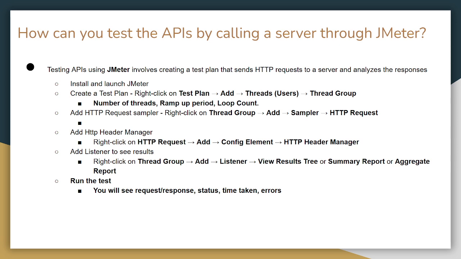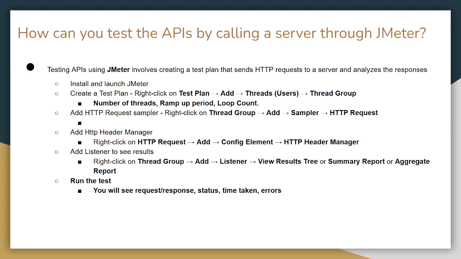You can also use assertions like response assertions. You can use CSV data set config if you are doing any data driven test, or use regular expressions to extract, say, capture tokens from the response for use in the next steps.